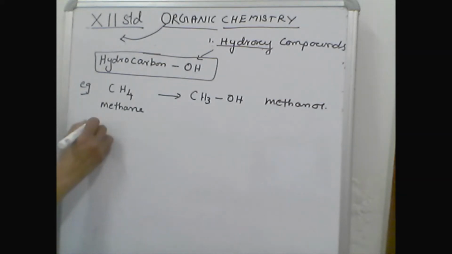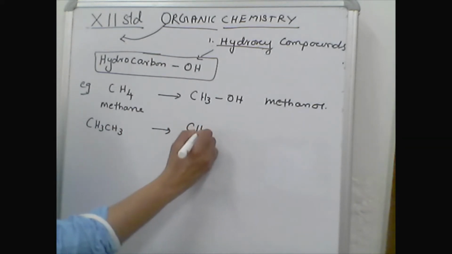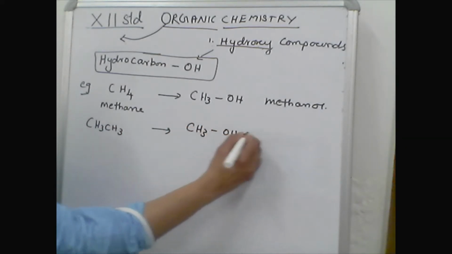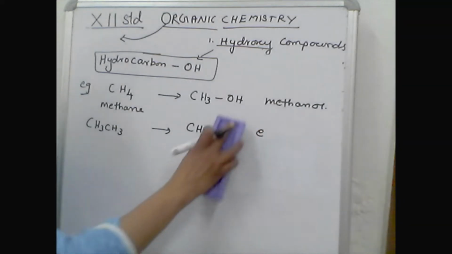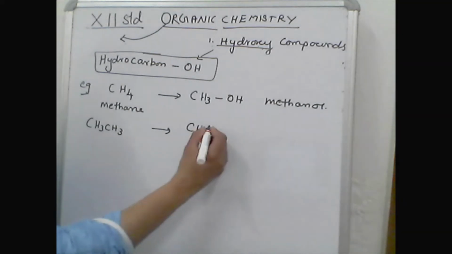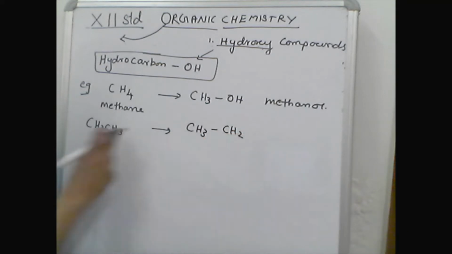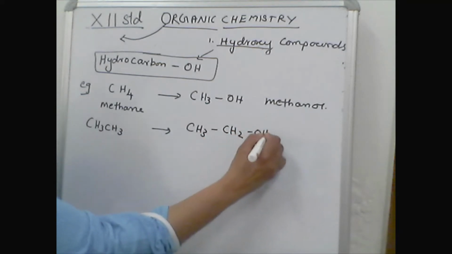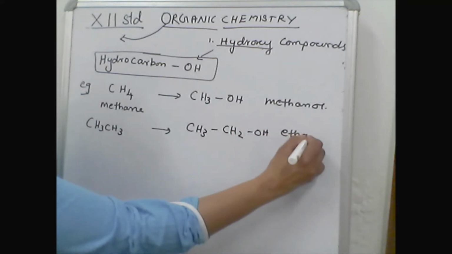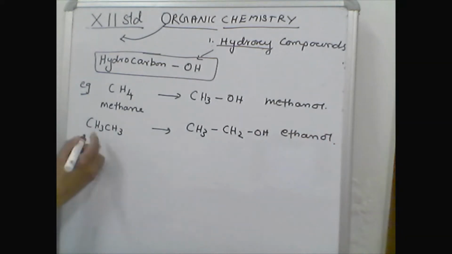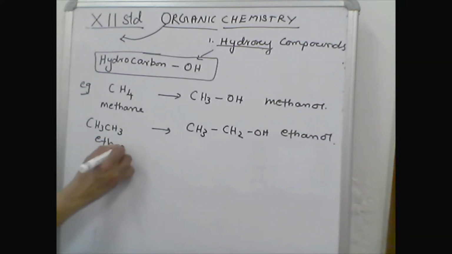Similarly, ethane, CH3CH3. Again, you can replace one hydrogen with OH. This is CH3CH2OH, and we call it ethanol. If you see the parent name, that is ethane.